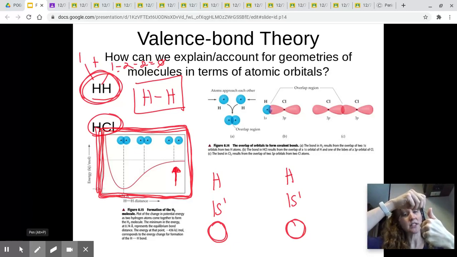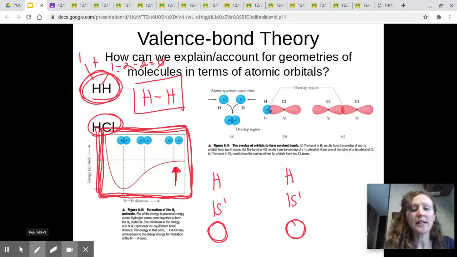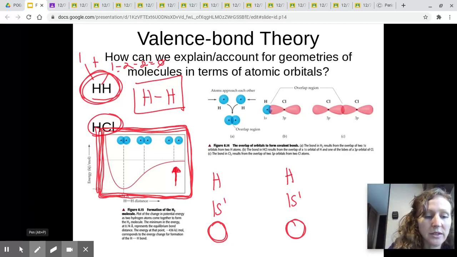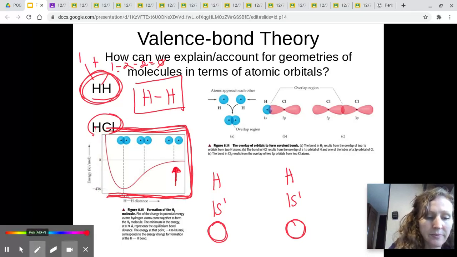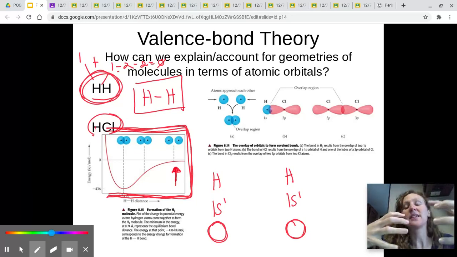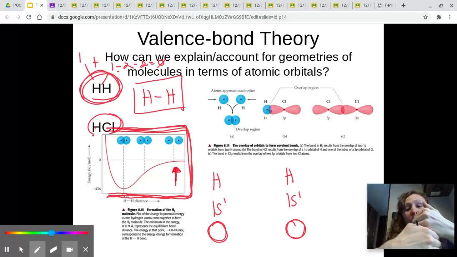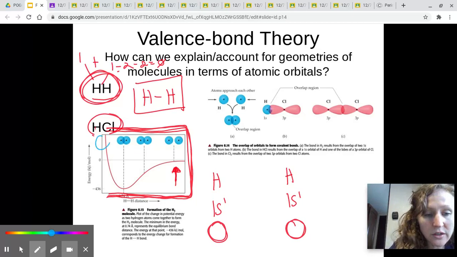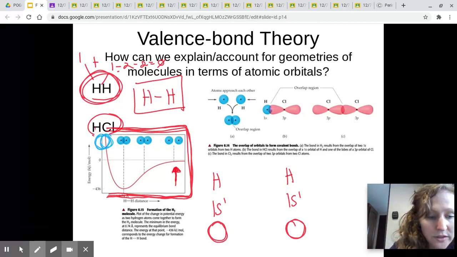Now, likewise, if we look at a system on the other side of this, we can add one in here. Okay, if we take these orbitals and we overlap them too much, like so, we overlap them a lot.